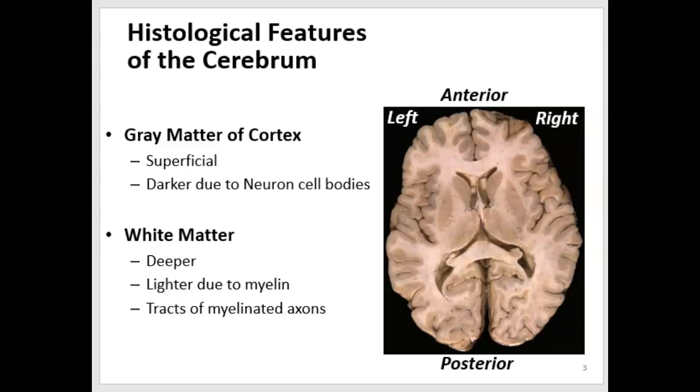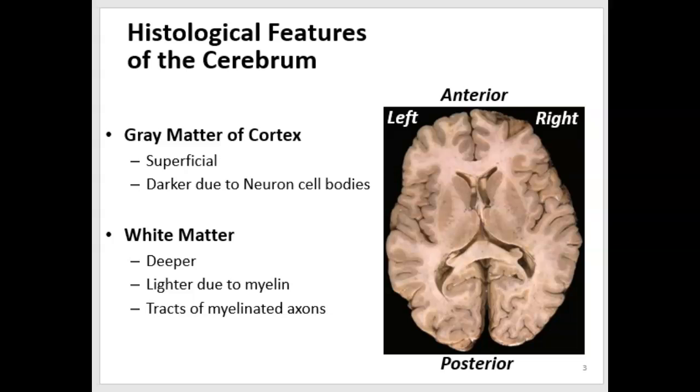The deeper tissue contains white matter. That darker tissue on the surface is called gray matter. The reason gray matter appears darker is because this is where there are many neuron cell bodies.